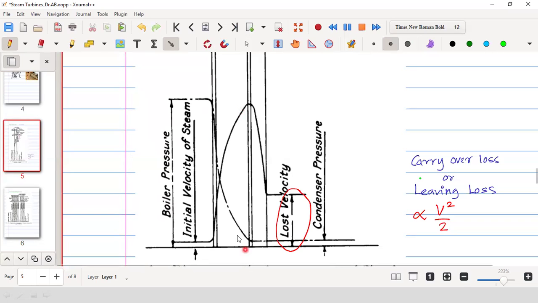If the pressure fall is done in one stage, then the velocity will also be very high at the exit of the nozzle. Now, if I cannot transfer that kinetic energy to the blade, then it will be a loss. So what we are doing basically is reducing the pressure, but in a number of stages, or in steps.